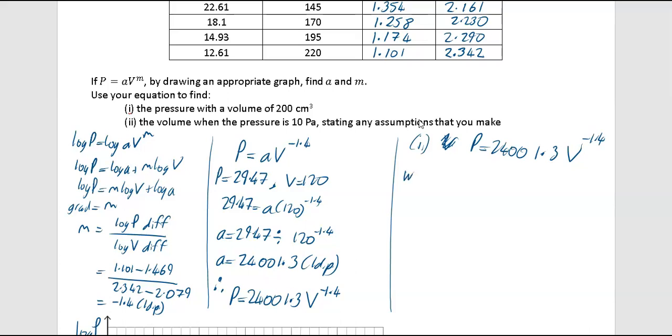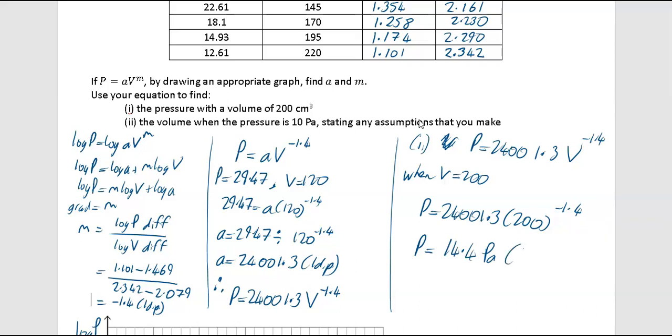So just say when V equals 200, P is equal to 2400 1.3 upon 200, and that 200 is the power of minus 1.4. Hit that into your calculator, and I got 14.4, and the units were pascals, and that's to 1 decimal place.